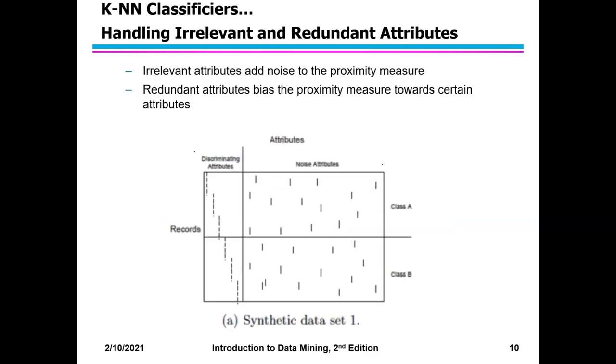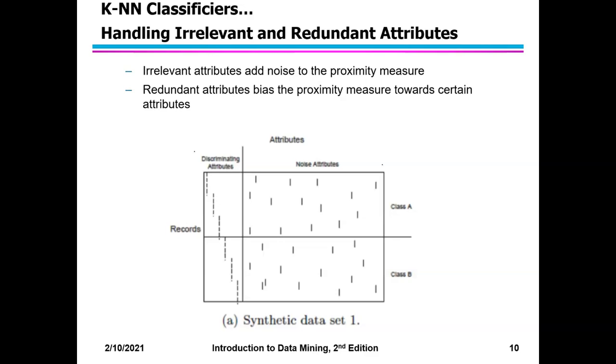Also, for example, handling irrelevant or redundant attributes. Sometimes some attributes are noisy and not helping in the proximity, creating noise, meaning they are irrelevant.